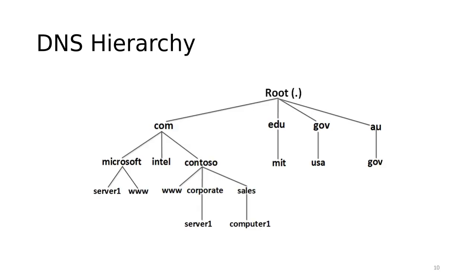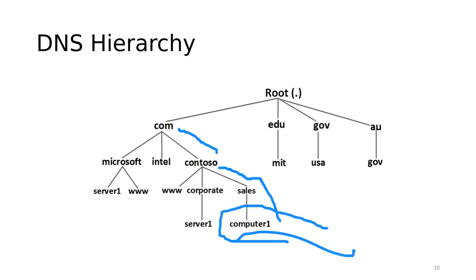So here, we have computer one. It is under the domain, under Contoso, under .com. What is the host name? What is the domain? What is the second level domain?